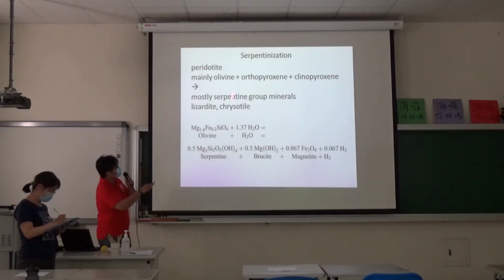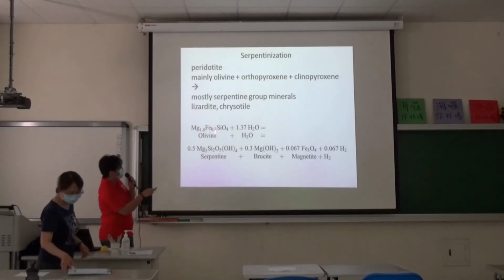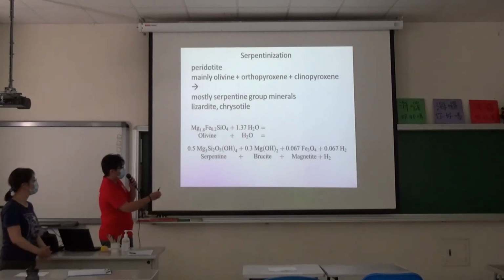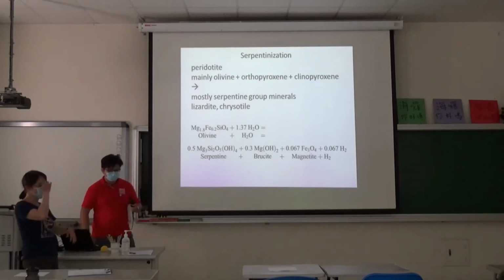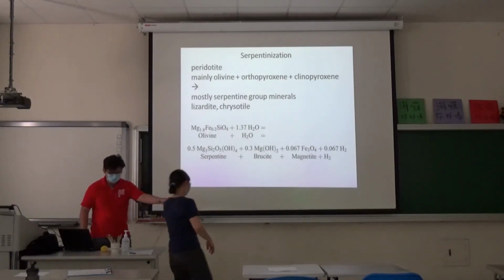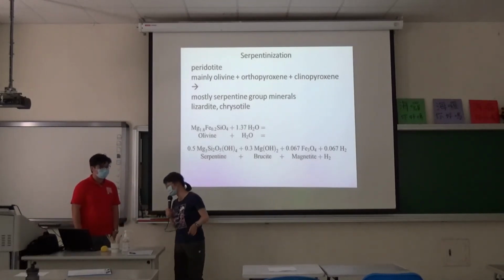So before the serpentinization, we can see the main material is just peridotite and it's mainly olivine. So there's no magnetic materials. But after it, we have this one and it has magnetism. Okay. I happen to tell you the answer already.